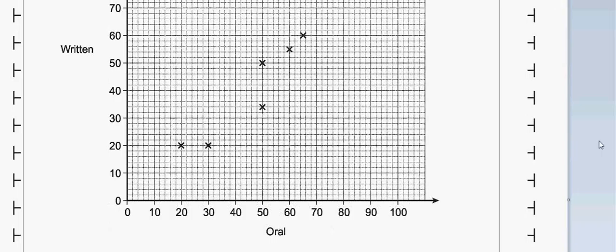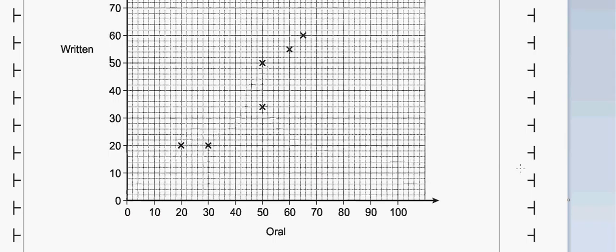Along the bottom are the possible results for an oral test from 0 to 100, and again for a written test 0 to 100 going up here. So for example, somebody here gained 30 marks in their oral but only 20 marks in their written. And you can do that with all of these points.